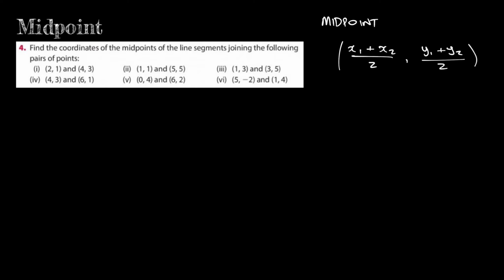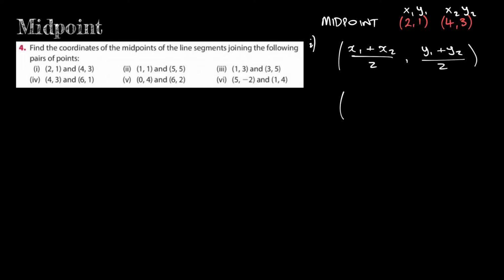So we'll say 2, 1 and 4, 3, and we'll label them x1, y1. X coordinate, y coordinate, and they're both in the first coordinate, so that's x1, y1. Second one, x coordinate, y coordinate, and these are both in the second, so we label them both x2, y2. And now all we need to do is fill in the information that we have. Okay, so this is part 1.